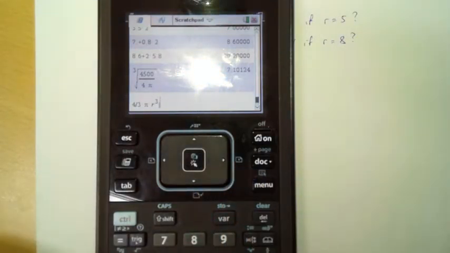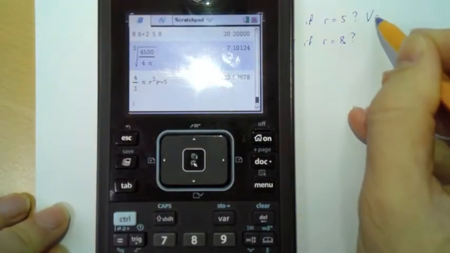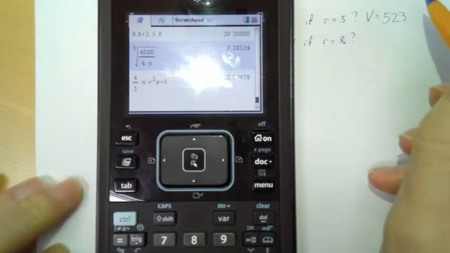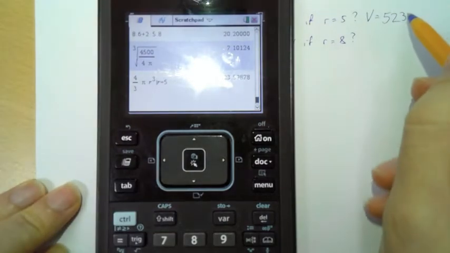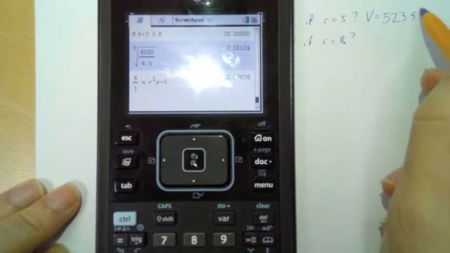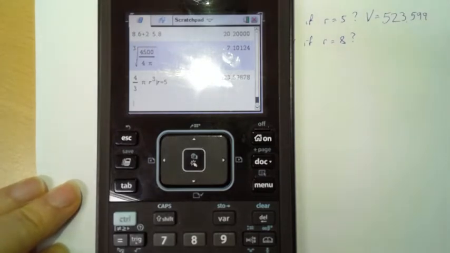Now I can say what I want r to be. r equals 5. And if r equals 5, the volume is 523.598, or if I round up, 523.599. So you can round to 599 or you can truncate to 598.